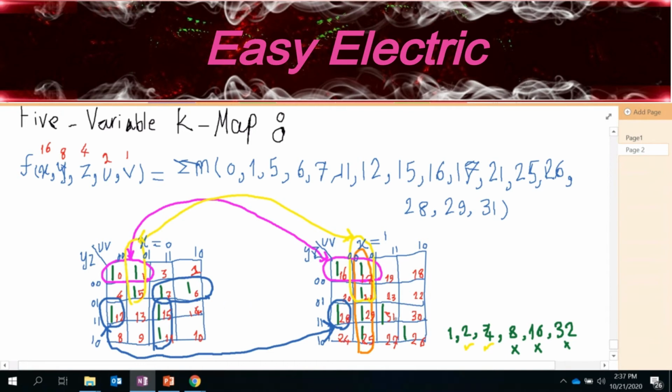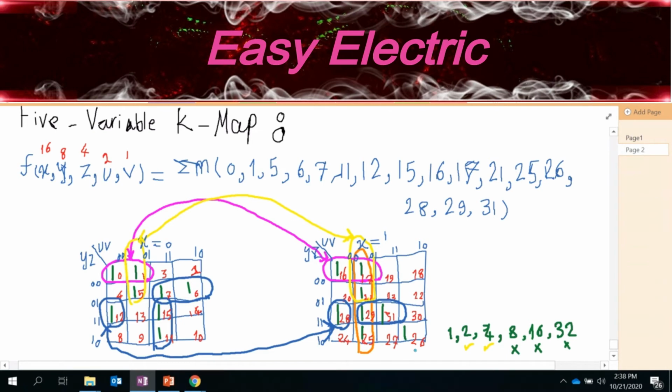I covered all of those. So what is left here is actually 31 and 26. So 31 definitely could go inside a group of 2. How about this one? Is there any option for this one to be covered inside a group with 2 members? No, definitely right. There is nothing you could do.